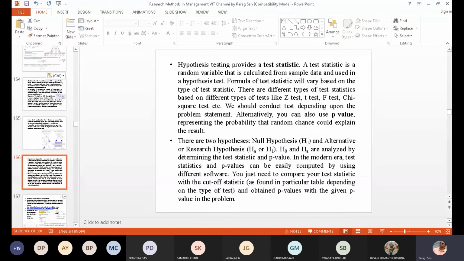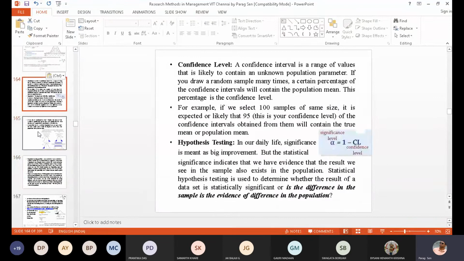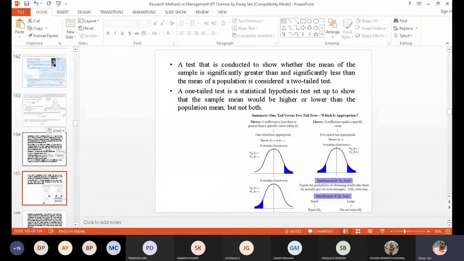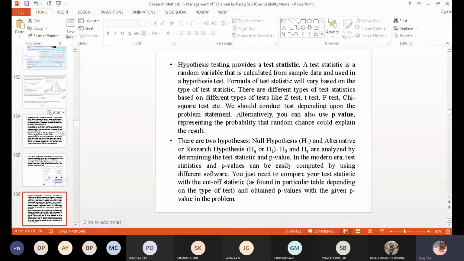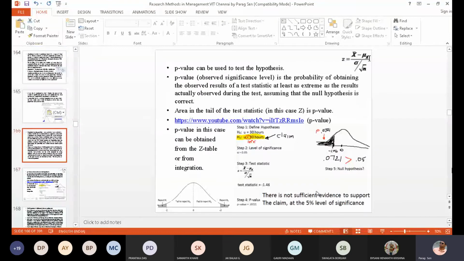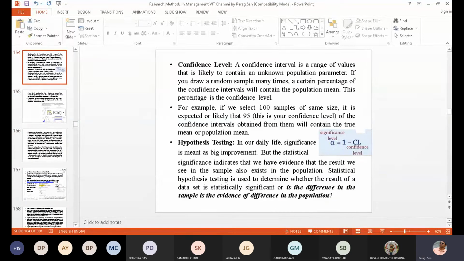So now we will take a look at hypothesis testing. In our daily life, significance actually means a big improvement.